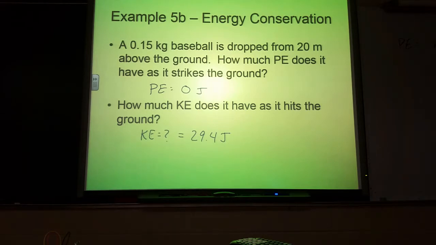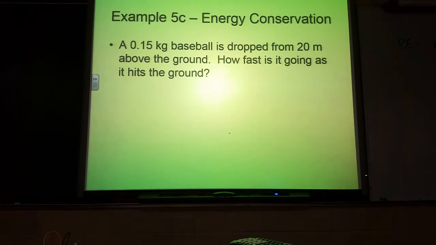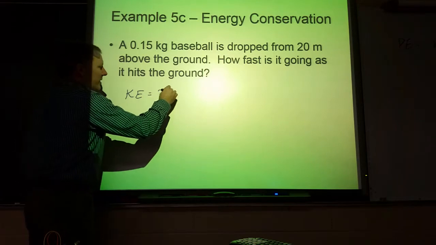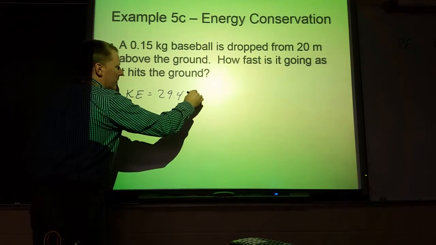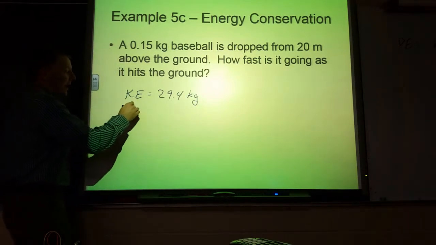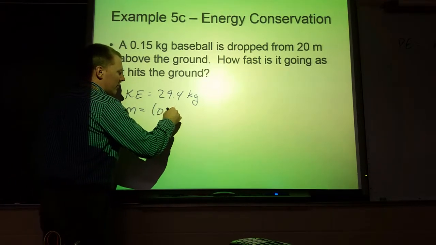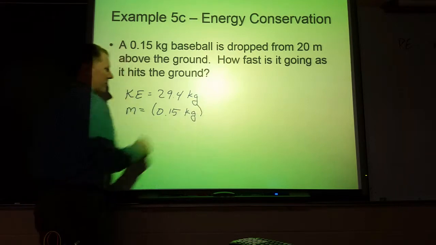Now the last question is, we can use this to learn more information than we used to be able to do. How fast is it going as it strikes the ground? Okay, like the example a couple times ago, we know the kinetic energy from our last problem is 29.4 joules. We know the mass, 0.15 kilograms, put it in parentheses.